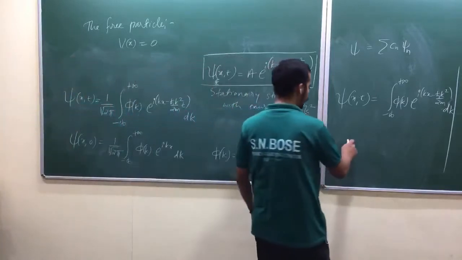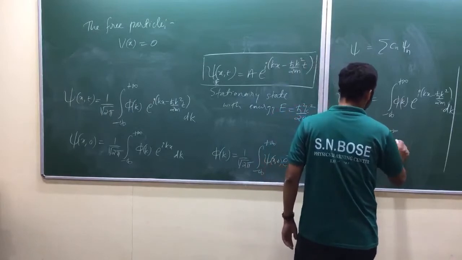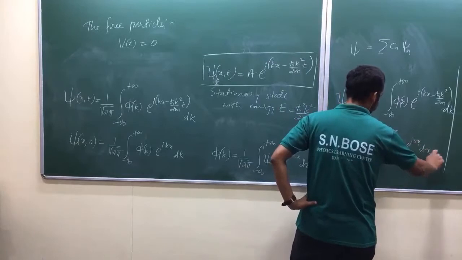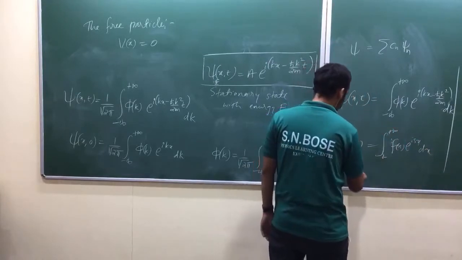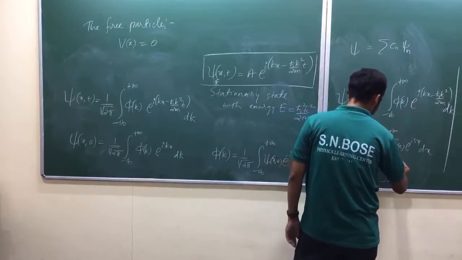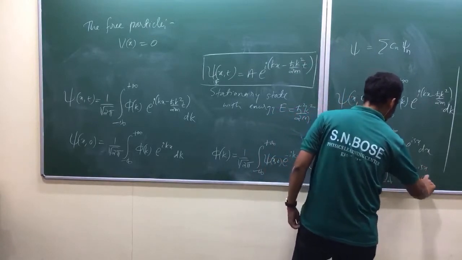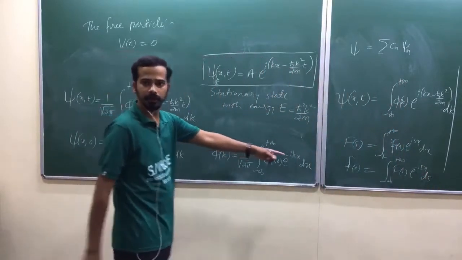What was the mathematics definition? Fourier transform of f of x into e power isx dx. Isn't it? F of x was f of s into e power minus isx ds. Am I right? Quite different here. That is the pure mathematics definition.